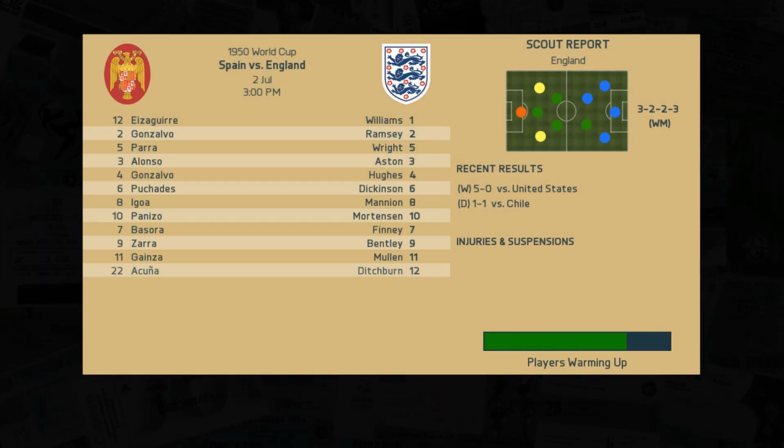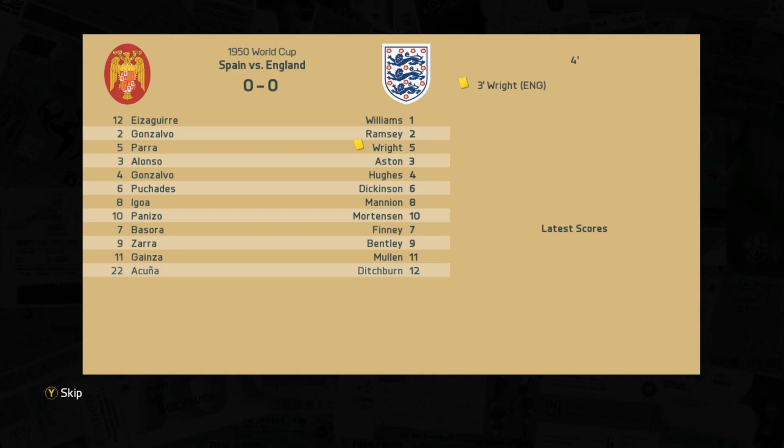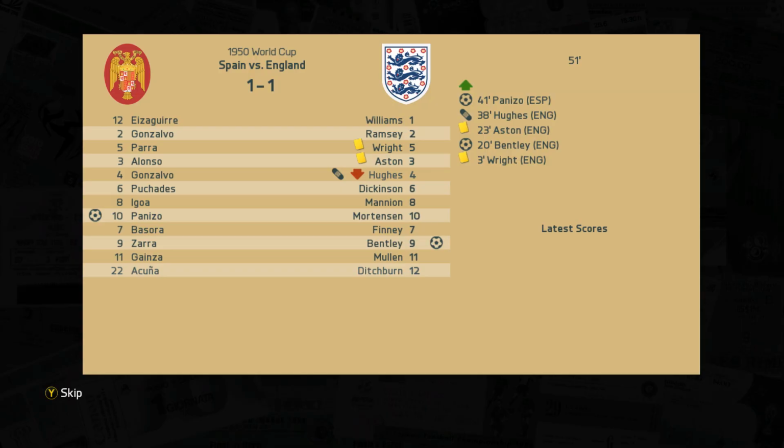Spain against England on the 2nd of July. Yellow card very early on for England. England score, 23rd minute. Spain have equalised. Also, England pick up an injury.